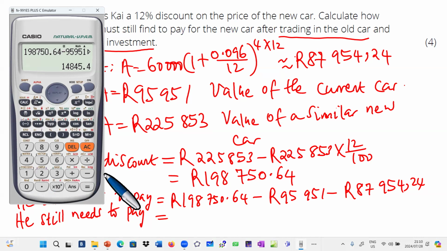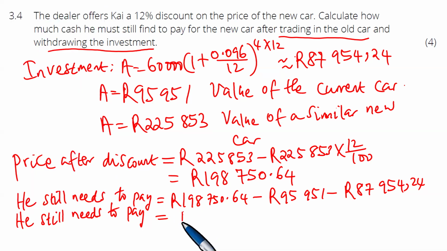Right, let's check what you're getting as the answer. It's 14,845.40. 14,845 and 40 cents. So he still needs to pay 14,845.